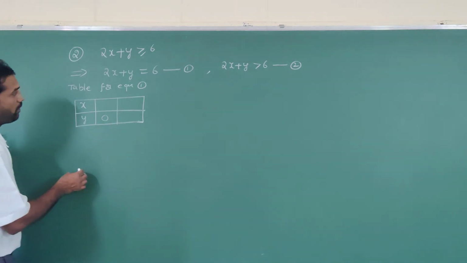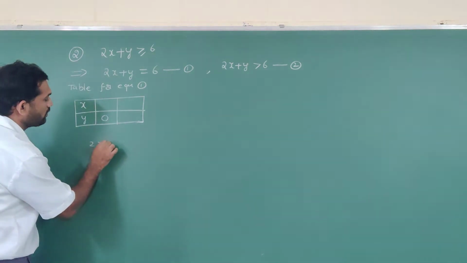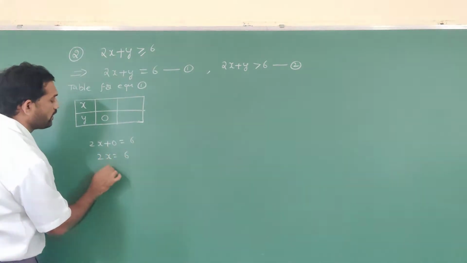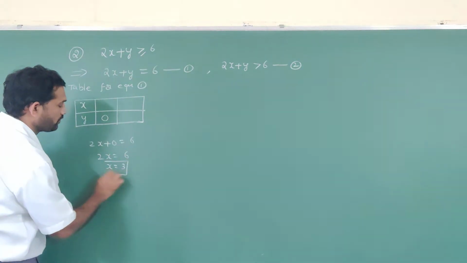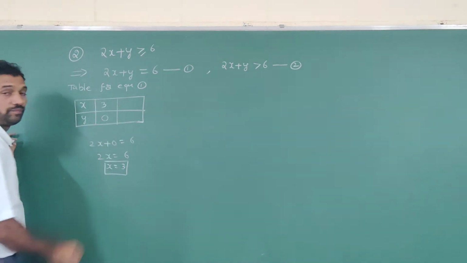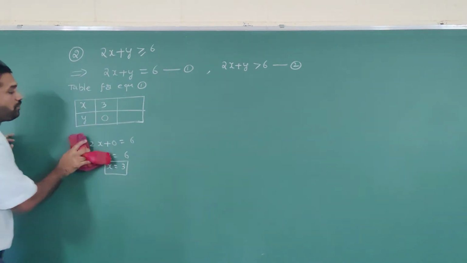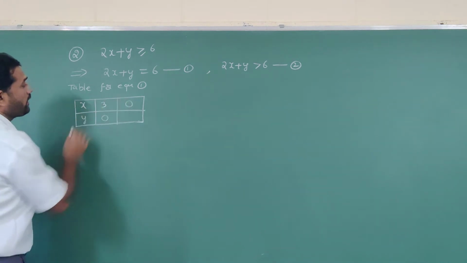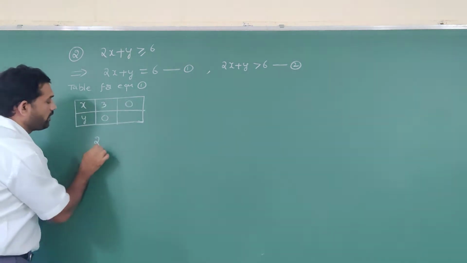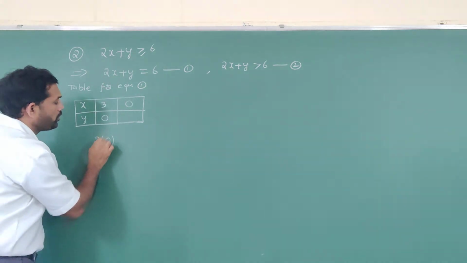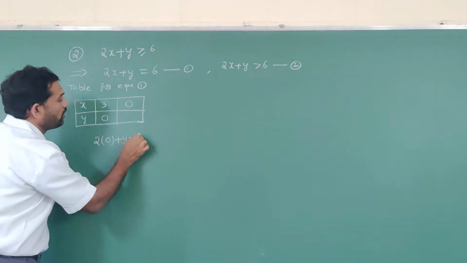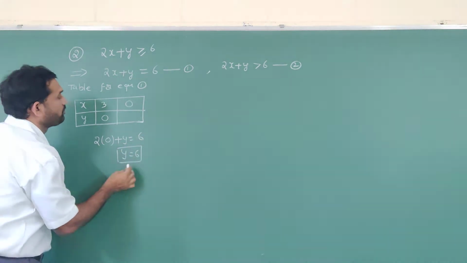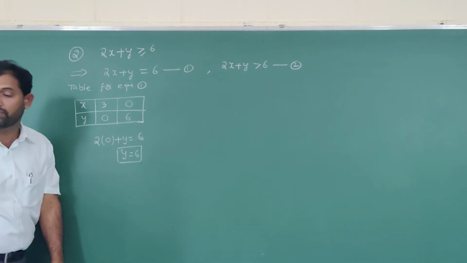Substitute in equation 1: 2x plus 0 equal to 6, so 2x equal to 6, so x equal to 3. Similarly, next x is equal to 0, substitute in equation number 1: 2 into 0 plus y equal to 6. On simplification, y is equal to 6.